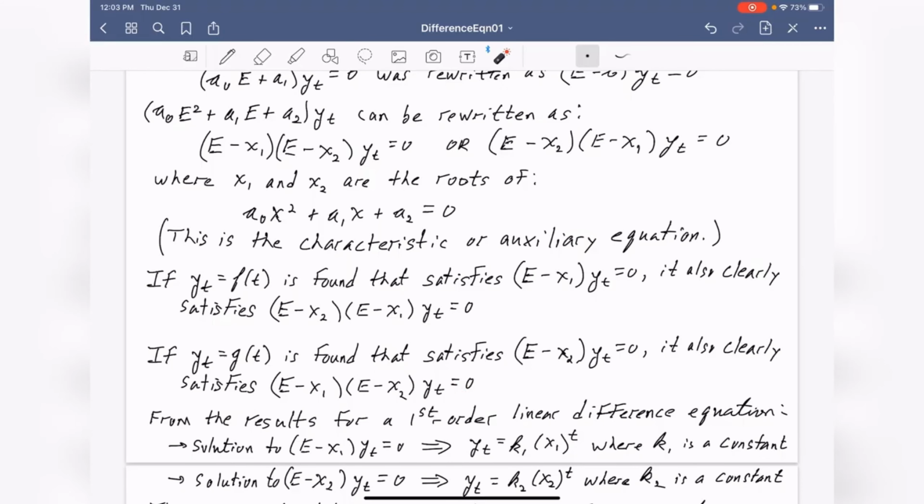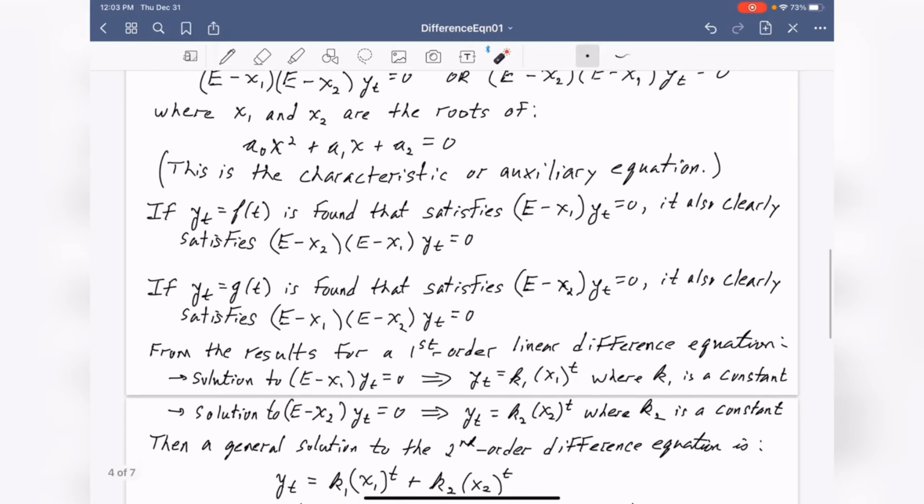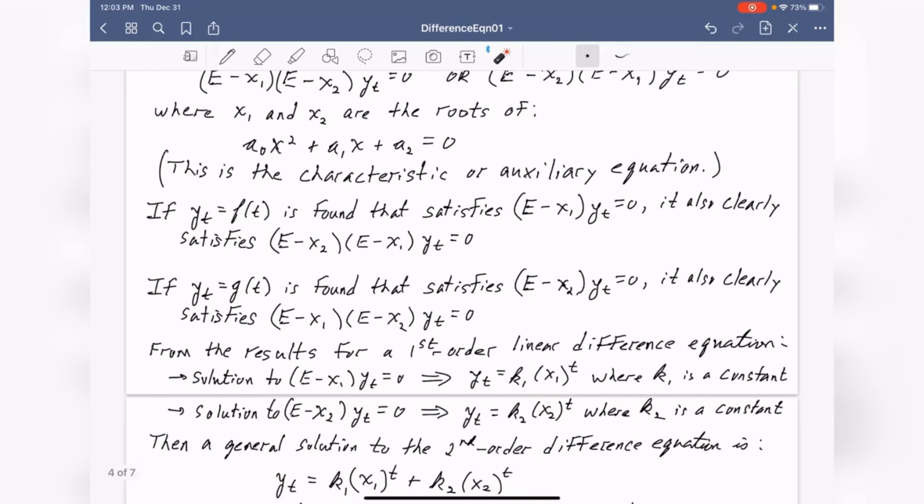So from the results of the first order linear difference equation, we found that the solution to (E minus x1) yt equals 0 gives you yt equals k1 x1 to the t, where k1 is a constant. And we also found that the solution to (E minus x2) yt equals 0 gives us yt equals k2 times x2 raised to the power t, where k2 is a constant.